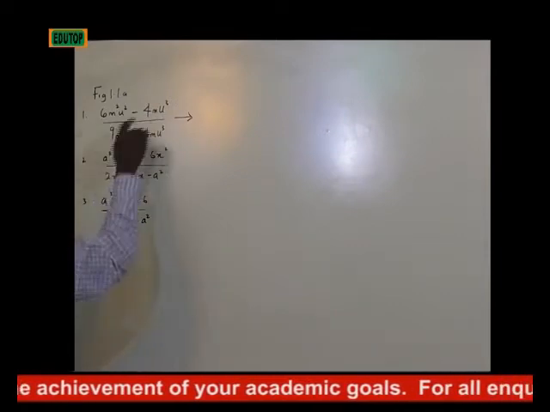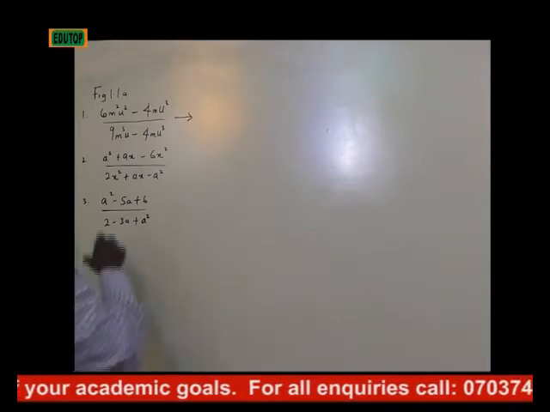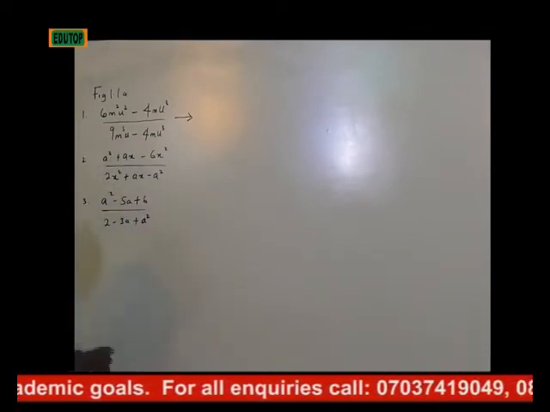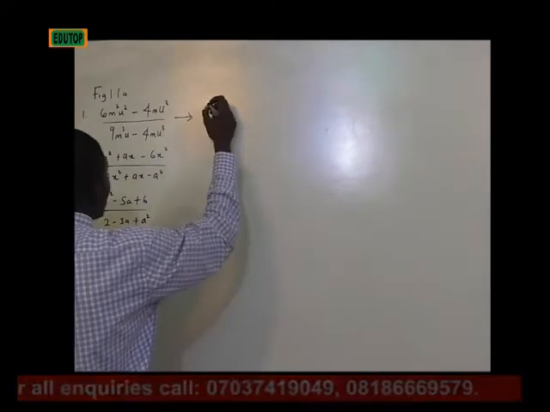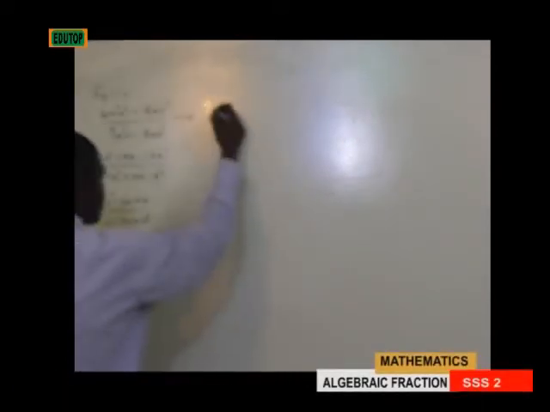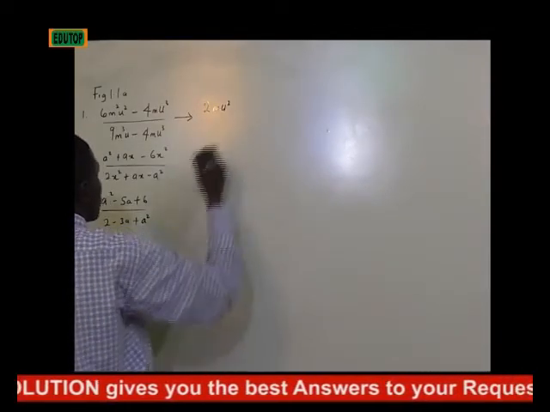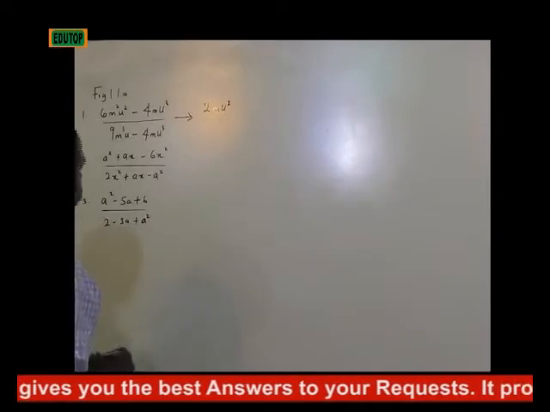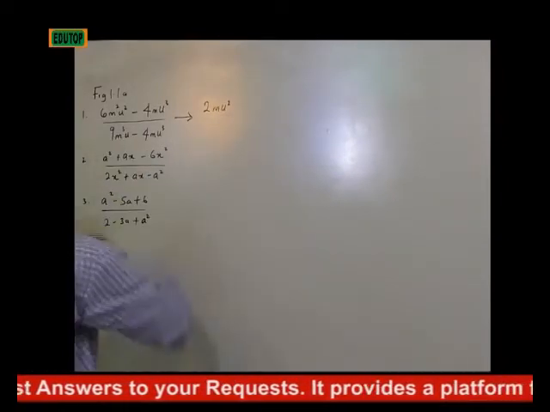And if you look at 6 and 4, you discover that 2 is a factor of both numbers. So automatically, I can say 2 is common to them, m is common to them, then u square is common to them. So I want to factorize 2m u square out of each one of them.